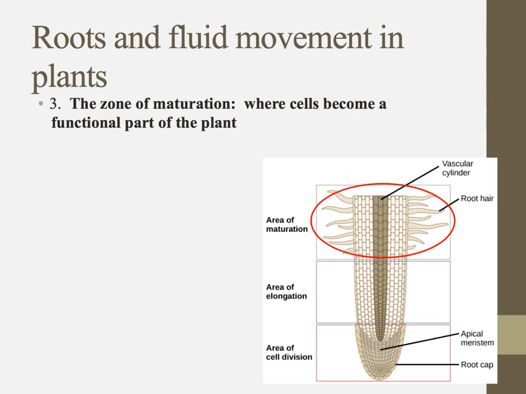And then finally, all the way at this end of the root up here, we have what's called the zone of maturation. And this is where those cells really become specialized. Specialized and differentiated and part of the plant.